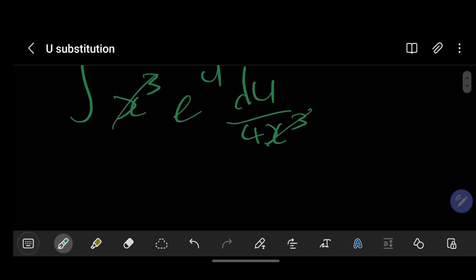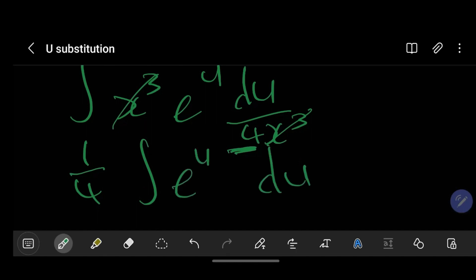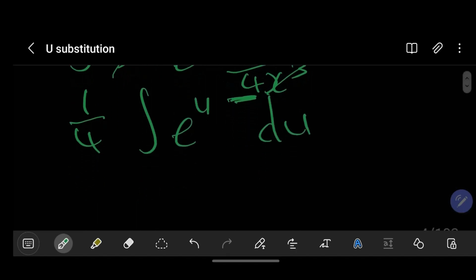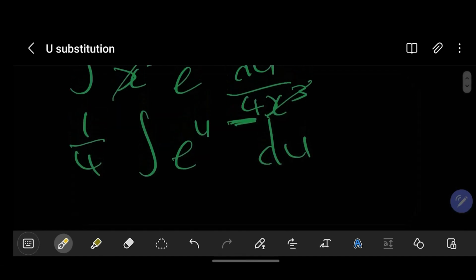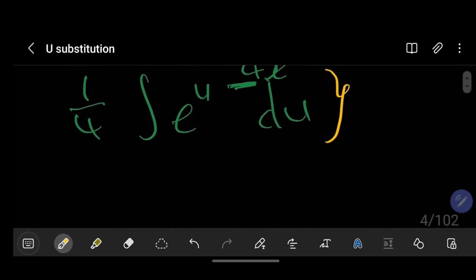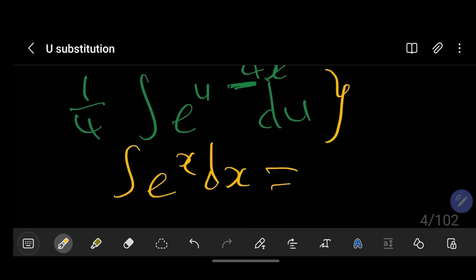So we now have this as 1 over 4, pulling out the 1 over 4 from here, times the integral of e to the u du. Now at this point we know, using the rules that I've shown you, that this is the same as the integral of e to the x dx, and the rule for exponentials is that this is equal to e to the x plus c.